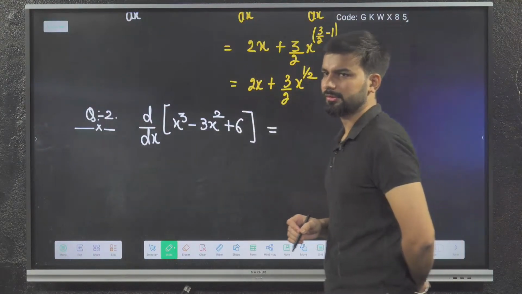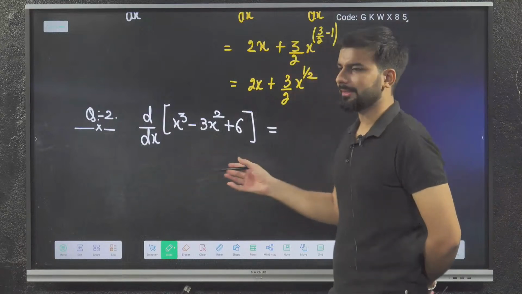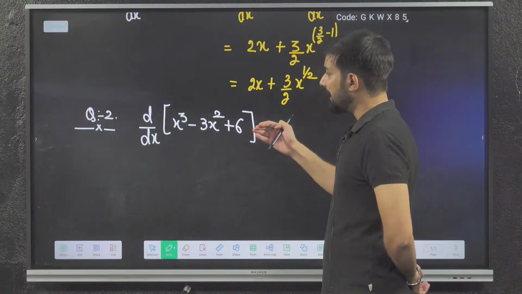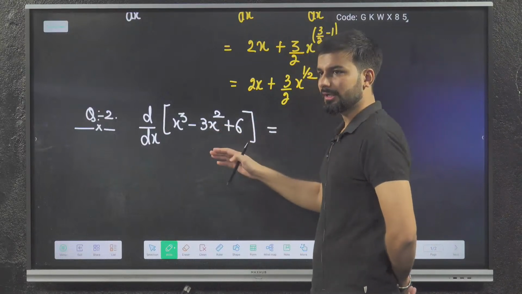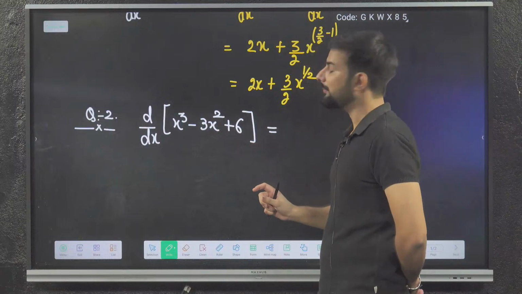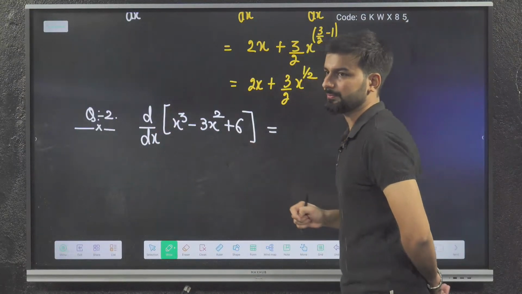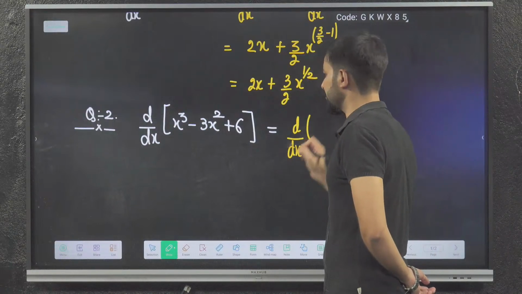So what do we have to do? In 2-3 questions, I will do it in a proper elaborative manner. As we move further, I will stop writing it in so much elaborative manner. For example, I am multiplying this differential to x cube. I will reduce the steps in the next questions.